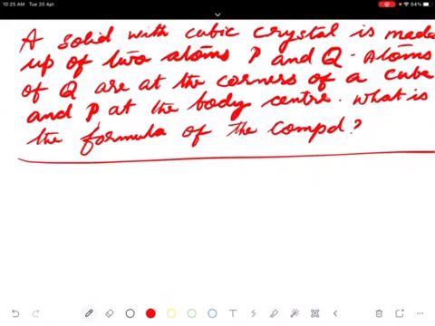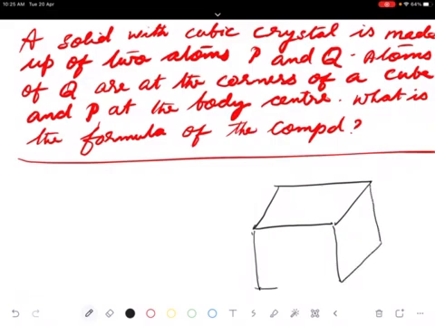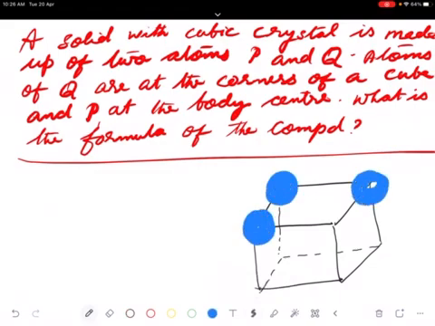So I'm going to draw a cube, with Q at the corners. Cubic close packing it is.